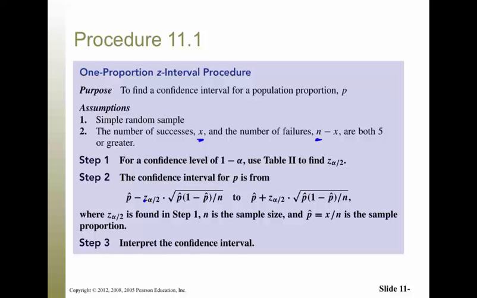We go that many standard deviations below and that many standard deviations above, and that forms our confidence interval. So very similar to what we've done before, but we're looking at a different kind of statistic.